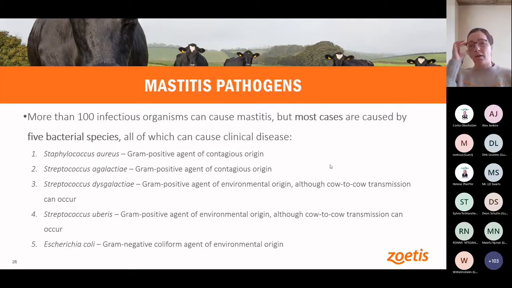There are a lot of mastitis pathogens that can lead to mastitis, but if you just start off by knowing the 5 that are on the screen there: Staph aureus, Streptococcus agalactiae, Streptococcus dysgalactiae, Strep uberis, and E. coli.